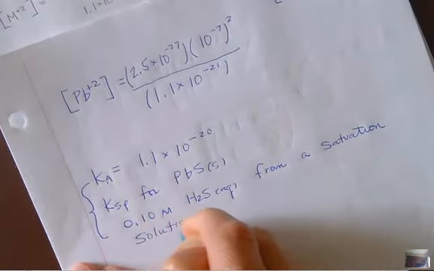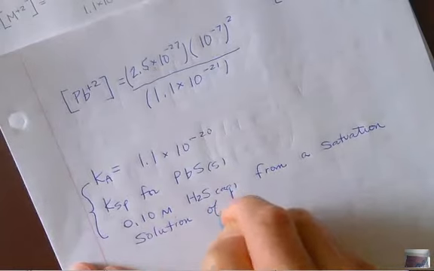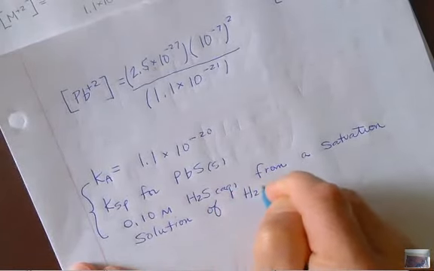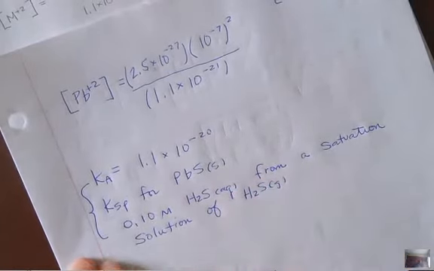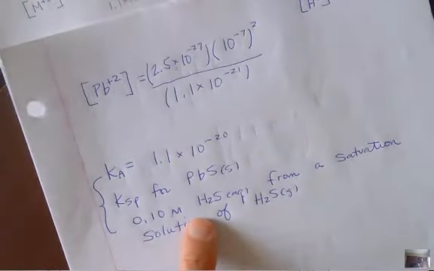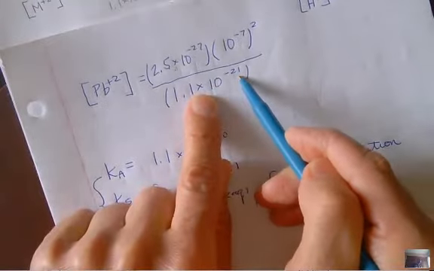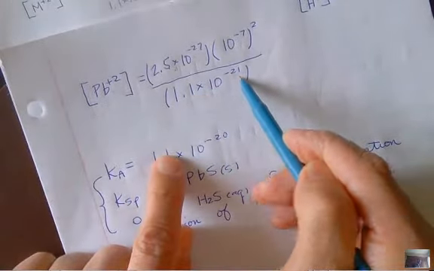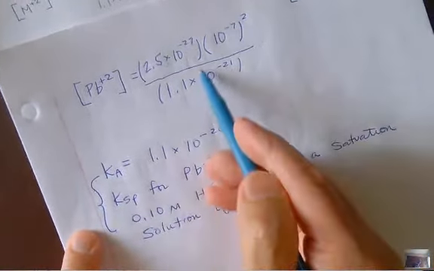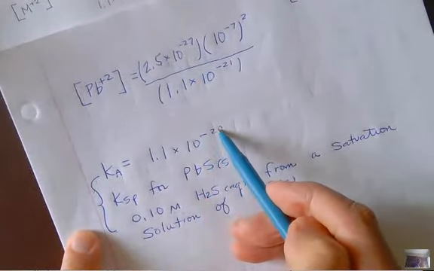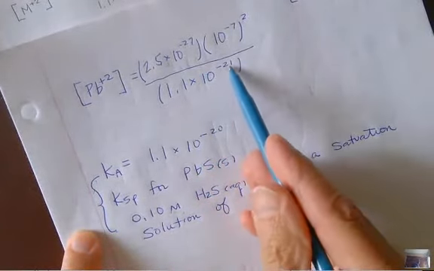It's the most you can put in of H2S gas. So keep the bubbler on, keep bubbling it in. This guy will be 0.1. So those three facts create this number here. This guy, and these two I should say, create this number here, right? 10 to the minus 20th times 0.1 gives you 10 to the minus 21st.